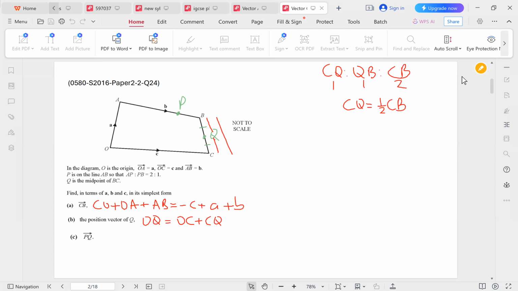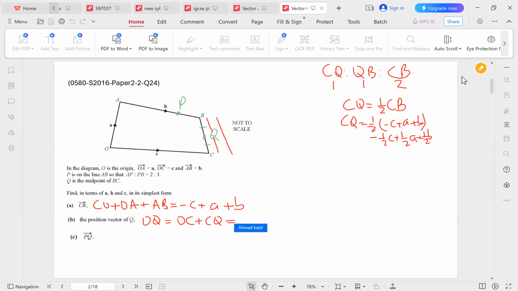Now CB has already been obtained, so CQ is equal to half times negative C plus A plus B, based on the answer to question A. So negative half C plus half A plus half B. And we can write this down in the problem. So we have OC plus CQ.